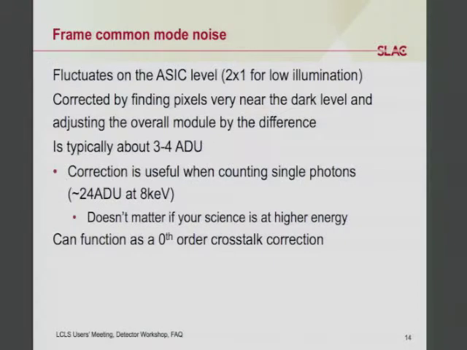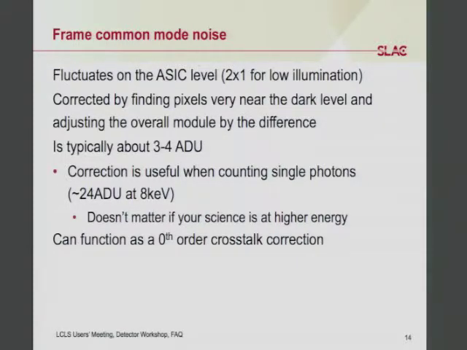The common mode correction. So the dark level fluctuates on the ASIC level, and it can be corrected by looking for pixels that didn't get hit with a photon and saying, well, I've made my dark correction, I know they should be 0, and then I can calculate this overall level and correct for it.